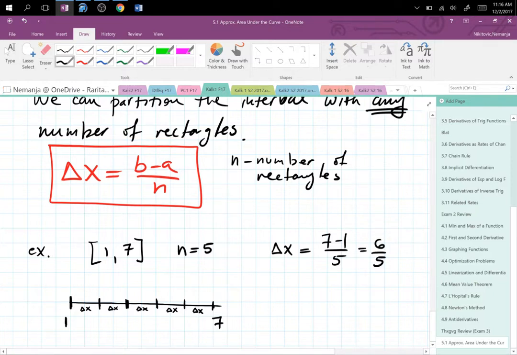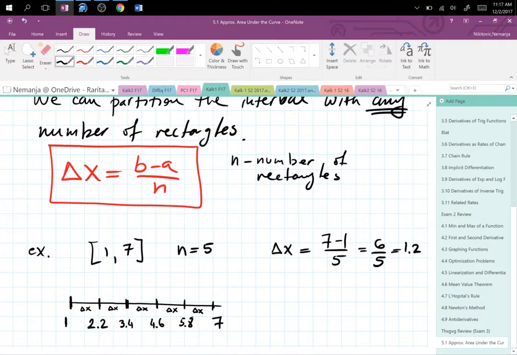That's 6/5 right there. So what's the first next number? It has to be 2.2, because delta x is 1.2. You keep adding 1.2 to each point. So 3.4, 4.6, 5.8, and then plus 1.2, it lands on 7, and there's our partition.